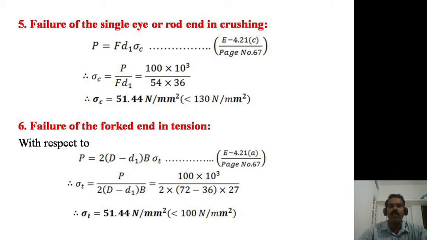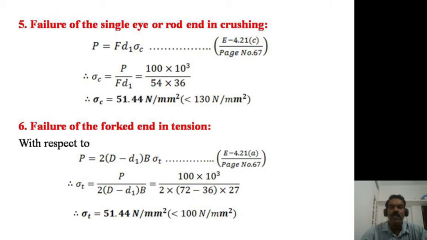This formula is available in the DDHP Design Data Handbook, page number 67, equation number 4.21c. What we require here is the sigma C value, so we take it outside. Sigma C is equal to capital P divided by F into small d1. What is the P value here?